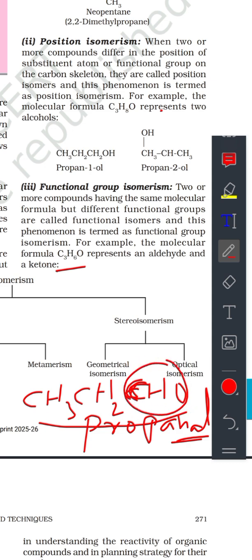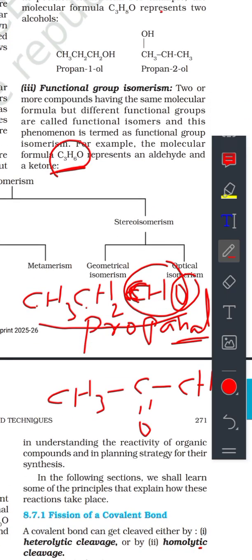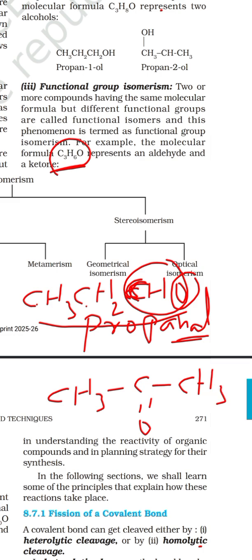It has molecular formula C3H6O: three carbons, six hydrogens, and one oxygen. Now if I write CH3COCH3, propanone, it also has molecular formula C3H6O.